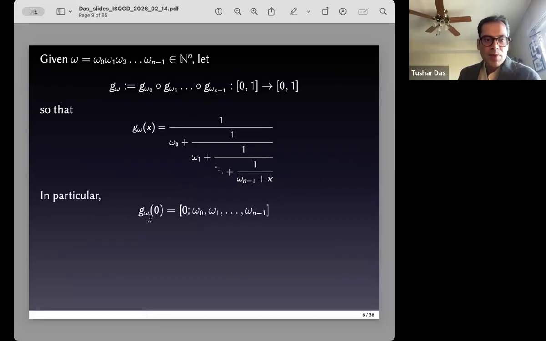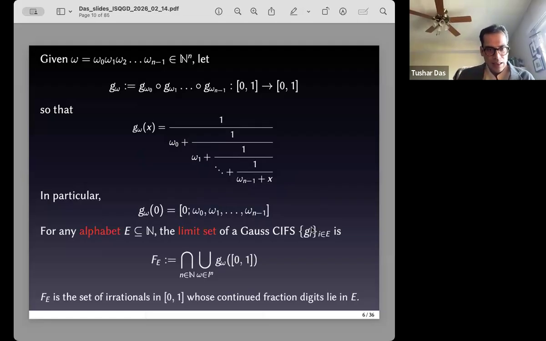In particular, if I look at the orbit of 0 under a word omega, then I'm going to get this continued fraction representation, which is shorthand for this object up here. Technically it means you have 0 integer part, and then here's your fractional part. It's 1 over some positive integer plus 1 over another positive integer all the way down.